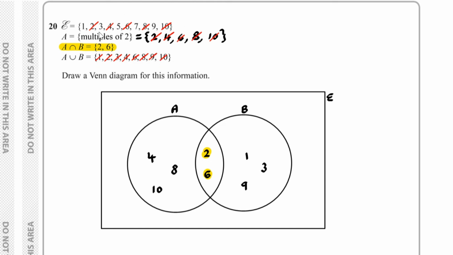And what's left over is, well, I've got the 1, the 3 and the 9, which have been used up, and then I've got the 5 and the 7 remaining, so those go on the outside. So here's the completed Venn diagram.